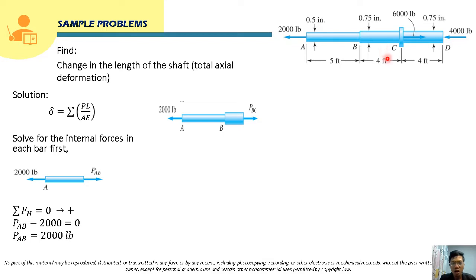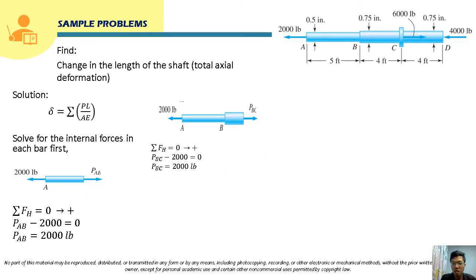So this will be 2,000 pound, and then we will have an internal normal force PBC here, and we are going to apply the equilibrium equation. Summation of forces horizontal is equal to 0. So definitely PBC will just be equal to 2,000 pound. And take note, class, that PAB is in tension, so for the sign convention in the summation, that will be positive.